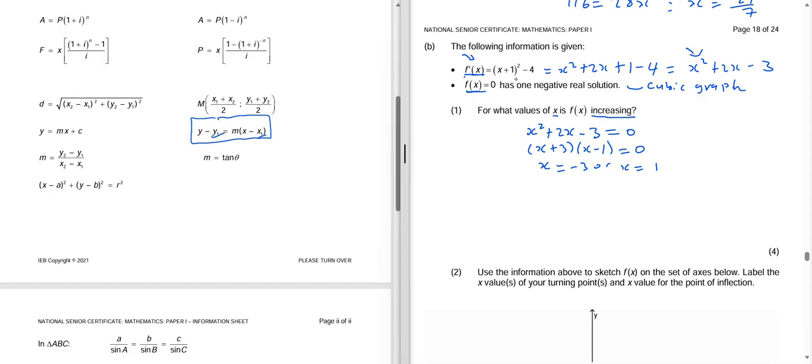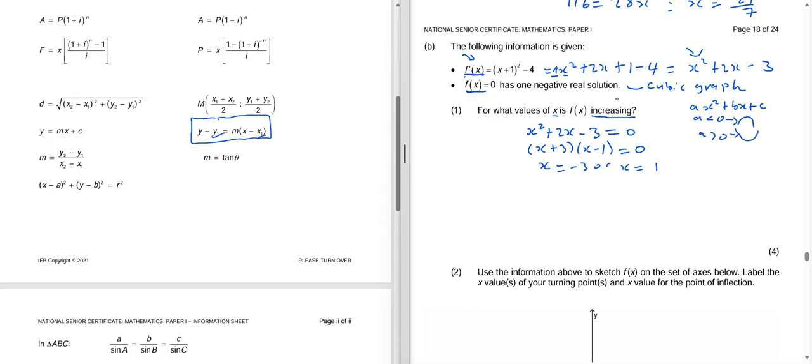And then now, what is the general sketch for this graph? The coefficient of x squared is 1. So when we have a quadratic graph, remember the form is ax squared plus bx plus c. If a is less than 0, the graph will be like this. If a is greater than 0, the graph will be like this.